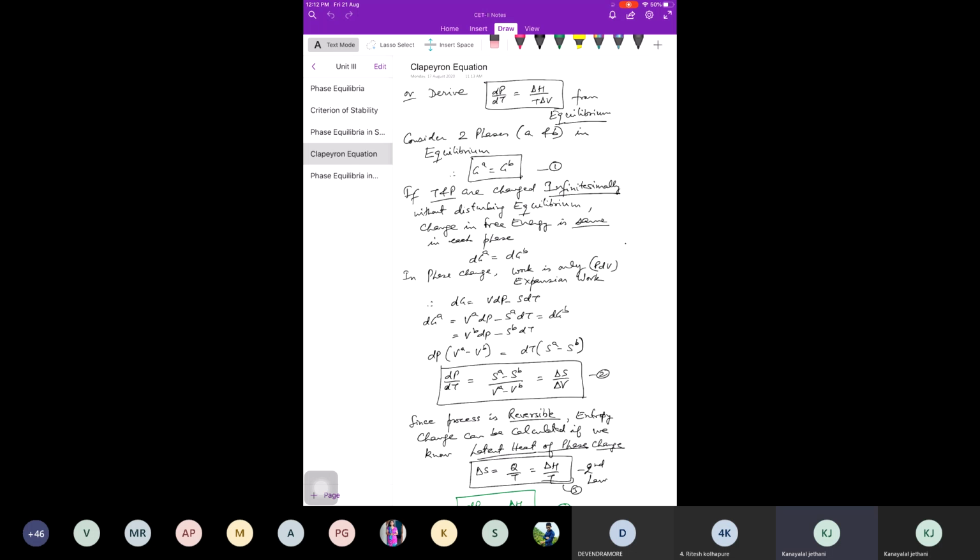So जितना भी चेंज होगा A phase में उतना B phase में चेंज होगा. It is not going to be zero. It doesn't say that there is no change in free energy. There is change in free energy of phase A. The same free energy change is there in phase B.